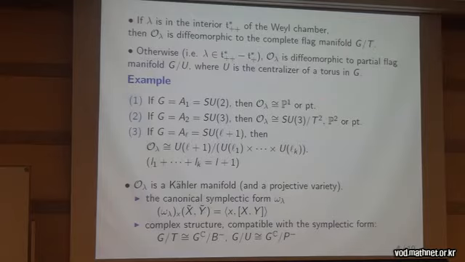The point is the orbit of the origin. And if G is SU3 of type A2, then O_lambda is SU3/T^2, or P^2, or just one point.